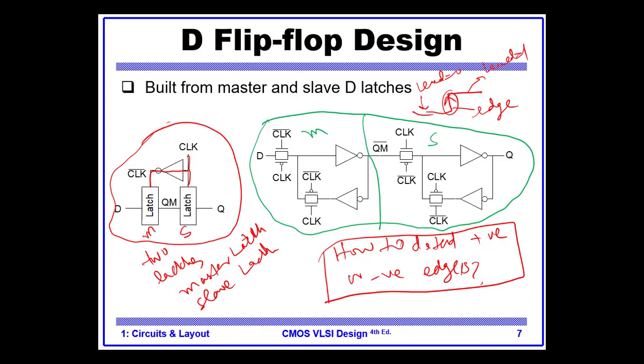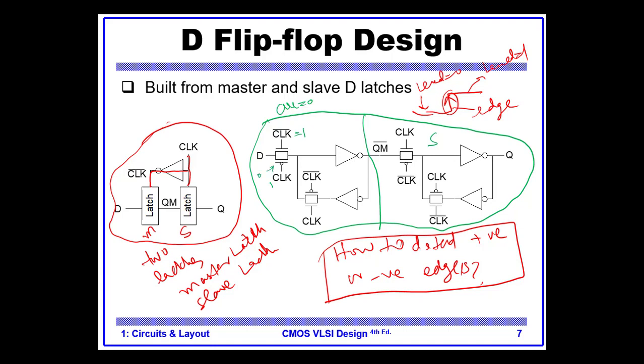So let's see what happens when the clock is 0. This is clock bar; clock bar is 1, and this is clock, which is 0.